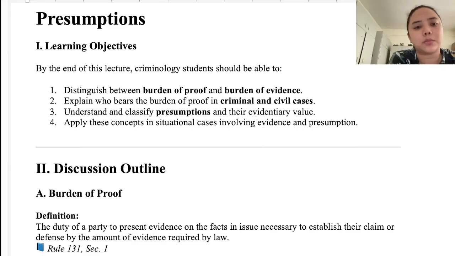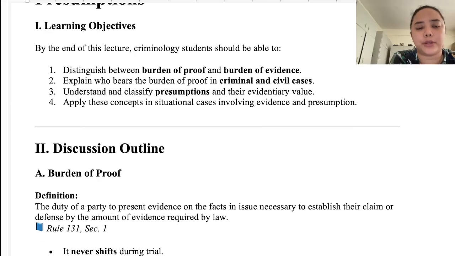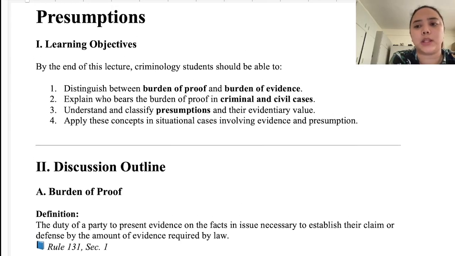Okay, so let's start with module 12, which is about the burden of proof and burden of evidence. The objective after this is for you to know the difference between the burden of proof and the burden of evidence. It is also the objective of this lesson to explain who has the burden of proof in criminal and civil cases.